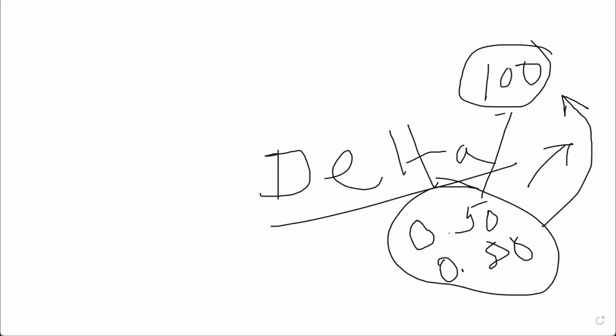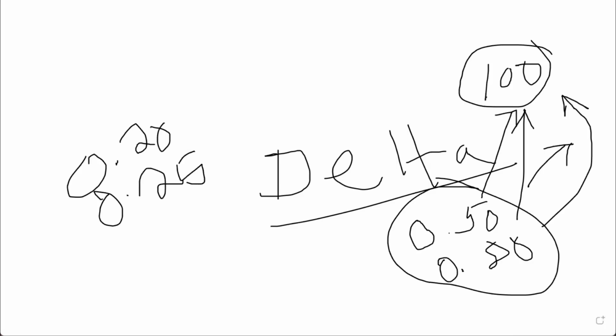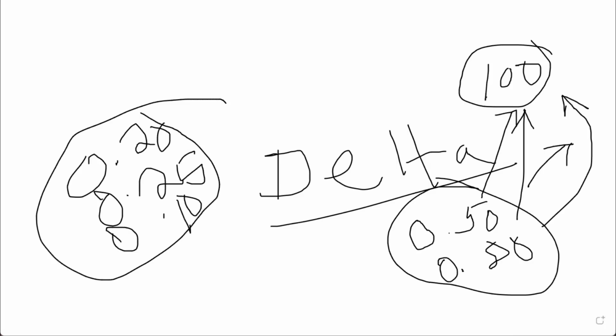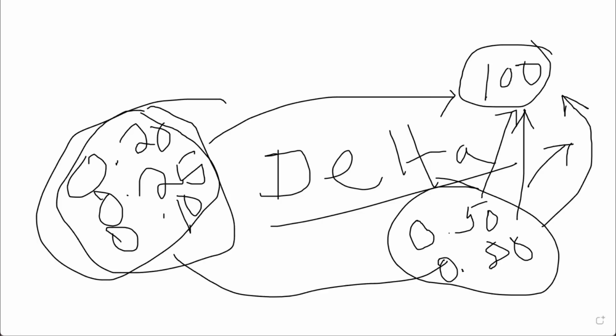That means it can also move very fast when the underlying is moving. But if you go for a delta of 0.20, 0.25, 0.10, these options have less sensitivity to the underlying. That means they can also move, but not as fast as options which have a higher delta.